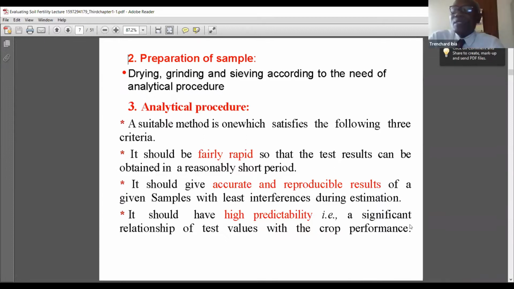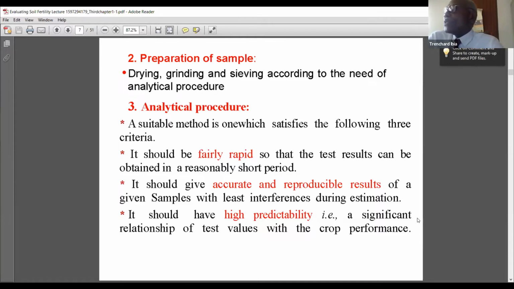For instance, if we are going to determine total nitrogen and other forms of nitrogen, you have to grind. Analytical procedure includes using a suitable method which satisfies the following three criteria. It should be fairly rapid so that the test results can be obtained in a reasonably short period.